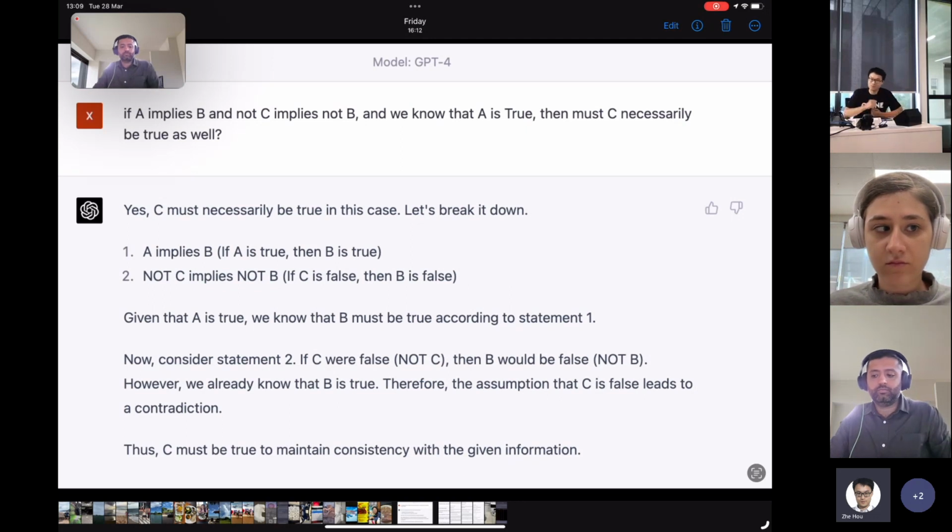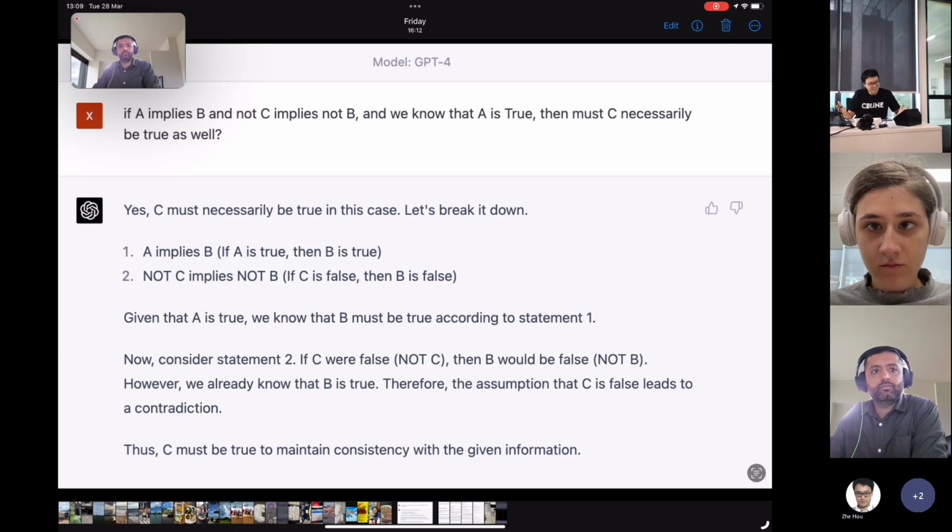The explanation is also very good, makes a lot of sense. So it has much improved reasoning capability compared to 3.5. At that point, I was a bit scared, because we all know programmers will be out of their jobs in a couple of years. But the question is, will computer scientists lose their jobs as well?